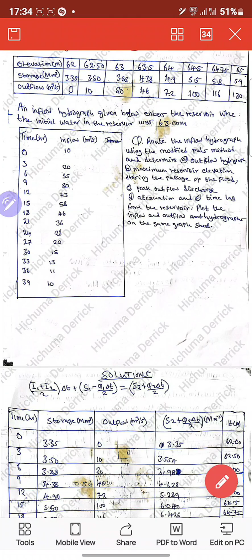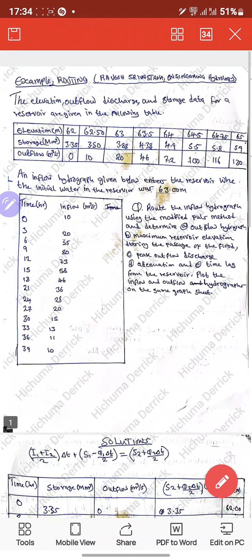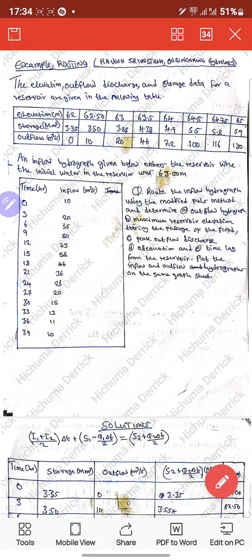Okay, so this is an example which was taken from one of the books. Now I want to walk you through. It will be a bit of a long lecture because I want to be slow so that you understand.